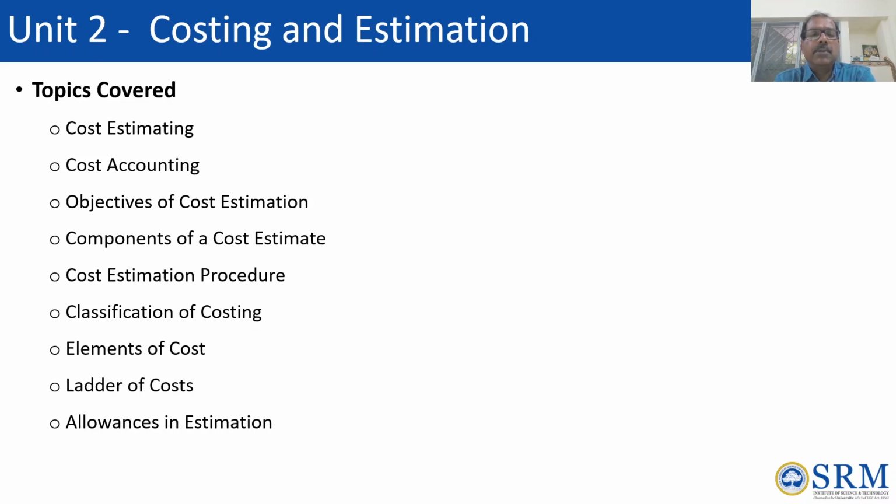Then we'll jump back to cost accounting or costing, where we'll be discussing classification of costing, elements of cost, and then ladders of costs. Finally, we'll be discussing the allowances that need to be considered while we are doing cost estimation.